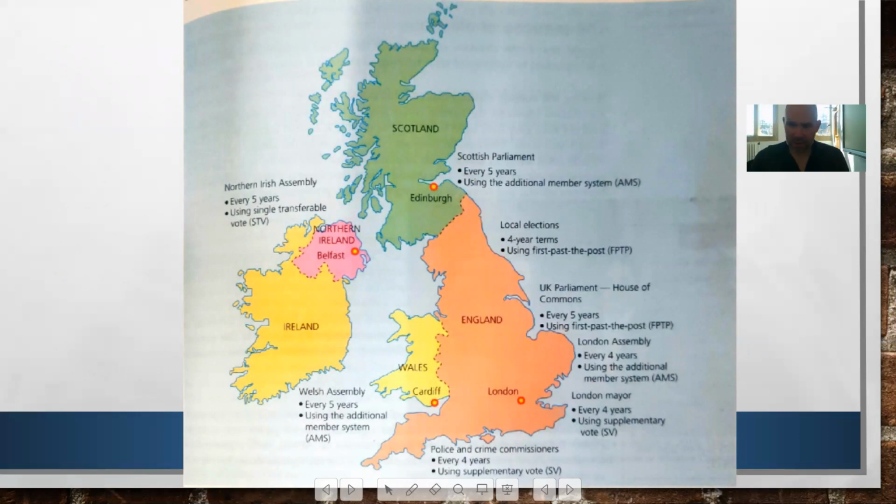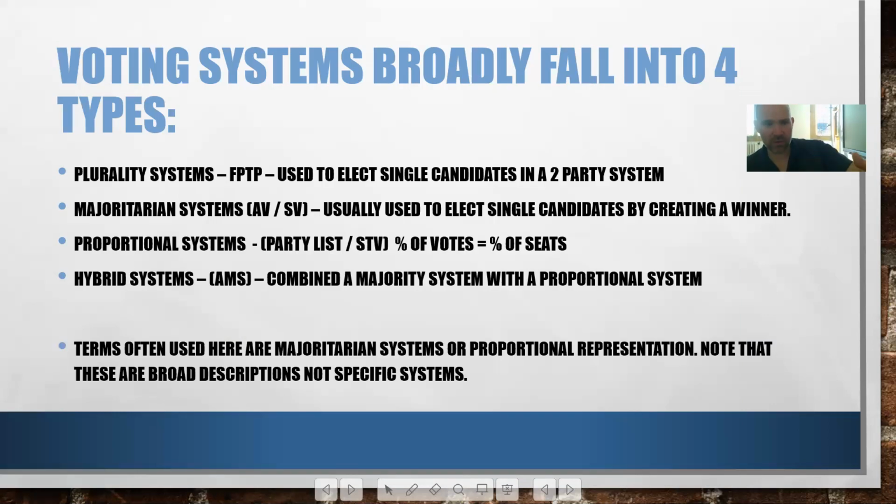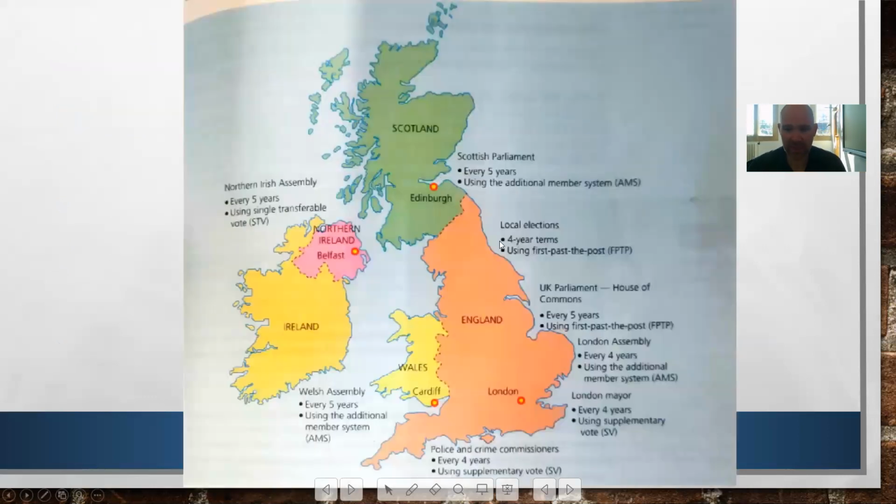So where is this used? Well, we should now know, let's go back. AV and SV are used to elect single candidates by creating a winner, perhaps in a multi-party system. So we would expect to see this in situations where you are electing a person. And that is what we see. Let's have a look here. We'll start here with the UK Parliament again, and we'll come around and we'll see every time we get it.